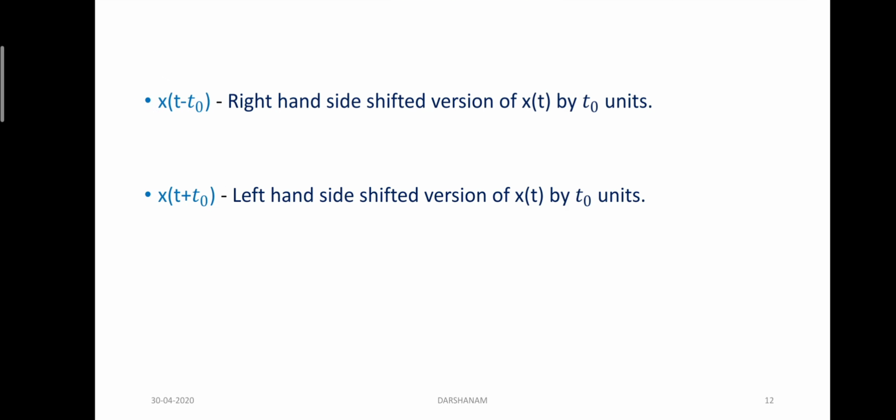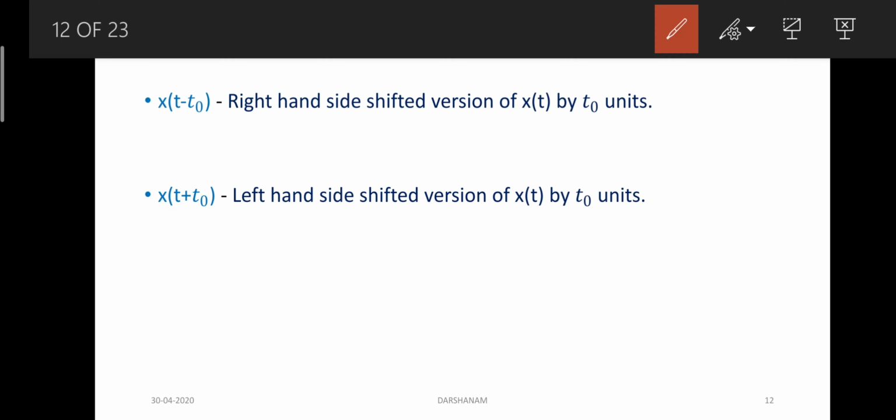So we can conclude that if x of t minus t0 is the equation, it will be a right hand side shifted version of x of t by t0 units. And if x of t plus t0 is the equation, it will be the left hand side shifted version of x of t by t0 units.